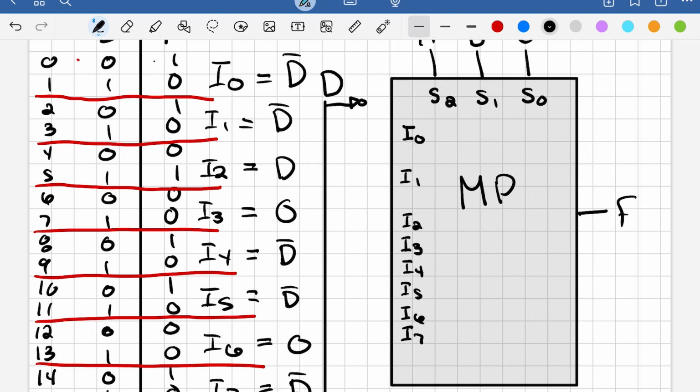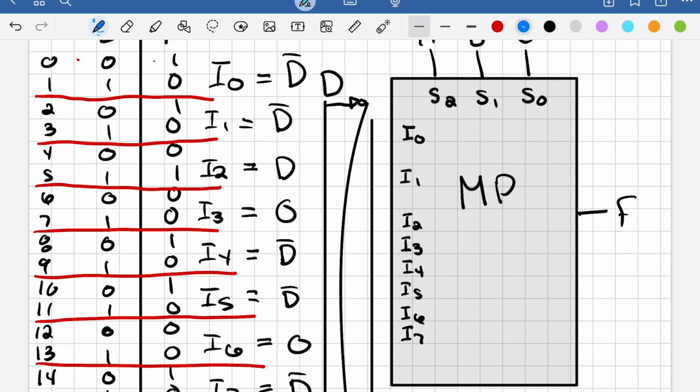I'm going to come down like this. And my last thing is I have ground. I'm just going to draw ground here because ground is 0. You can use 0 or you can use ground. It doesn't really matter. So I'm going to bring this all the way up.